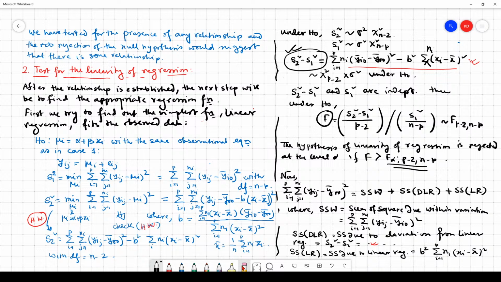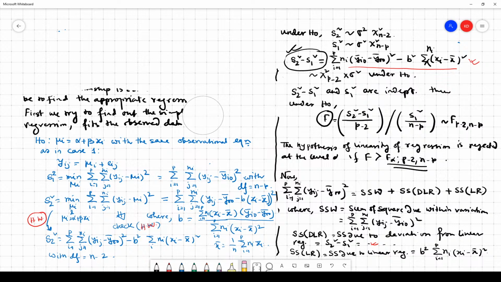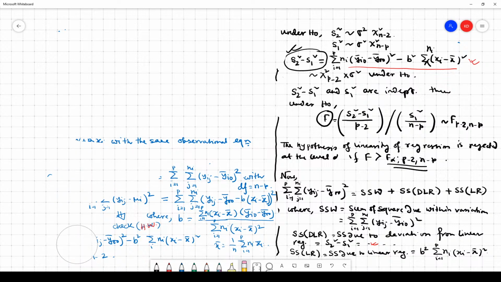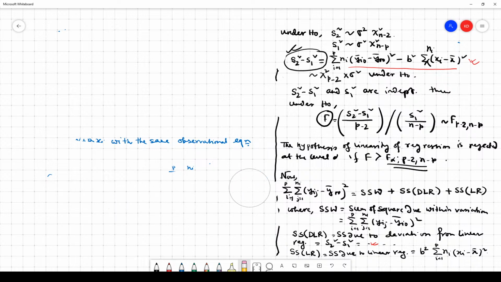So then, if you look at this F ratio, that is F, which is equal to S2 square minus S1 square by p minus 2, by S1 square by n minus p.